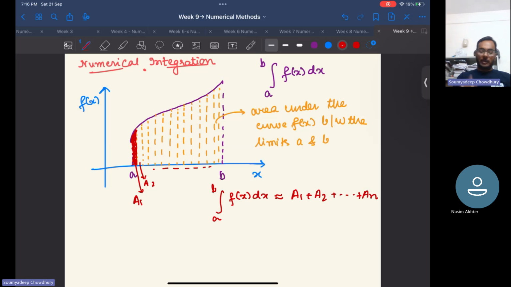That is, you have a continuous function, right? This f of x is a continuous function here. You know the difference between a continuous function and a discrete function, right?